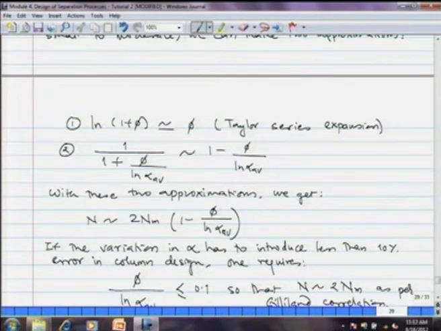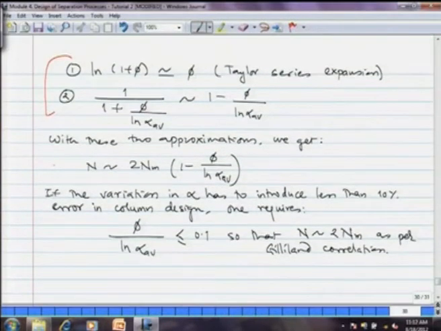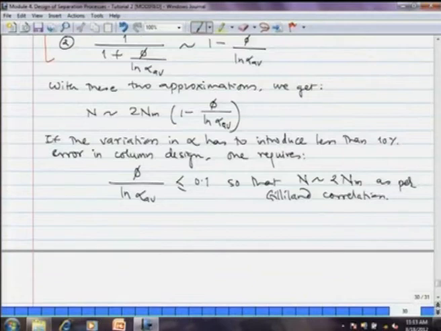So, with these two approximations, we get the total number of actual theoretical plates is equal to 2 times the minimum number of plates into 1 minus phi divided by ln alpha av. Now, if the variation in phi has to introduce less than 10% error in the column design, that means the number of plates, then the second expression has to be much smaller than 1.